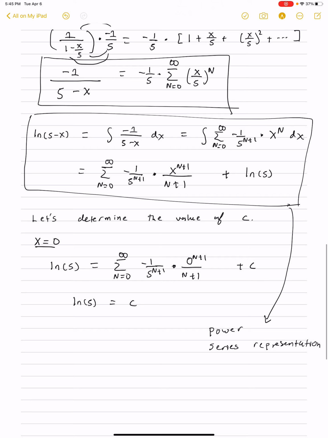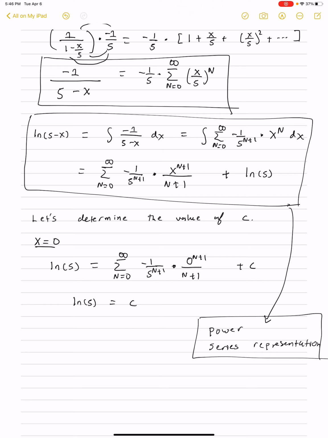Now, of course, we can ask this question: when can I represent ln of 5 minus x by the series on the right hand side? And again, because this isn't the point of today's lecture, I'm just going to say we can use the methods of convergence or divergence, i.e. the tests that we have previously used, to see when the series converges.